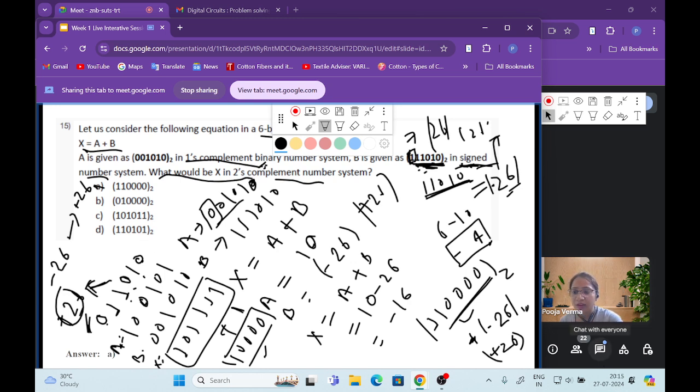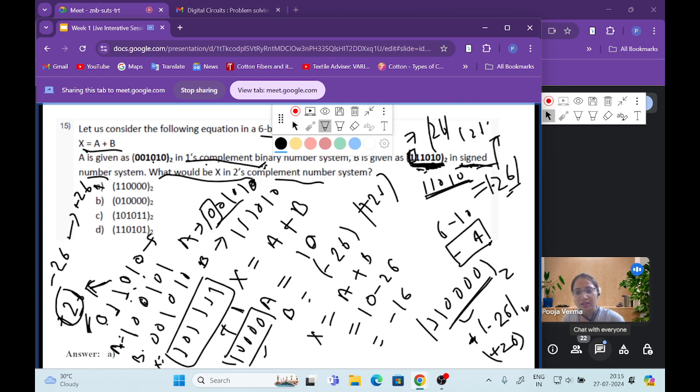So now it is only a binary representation. What do we need to do? A is given in ones complement form, so we need to convert it into ones complement. Here we have converted it: 0, 1, 0, 0, 1, 0, 1. Now A is in ones complement form and we have converted B into ones complement form.